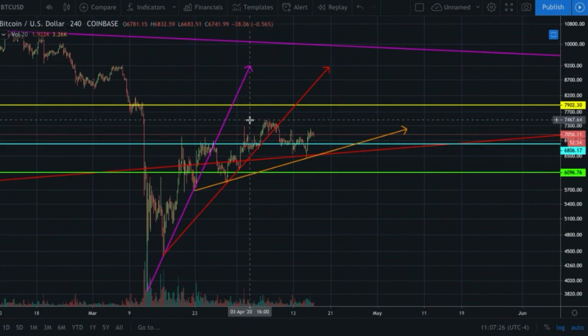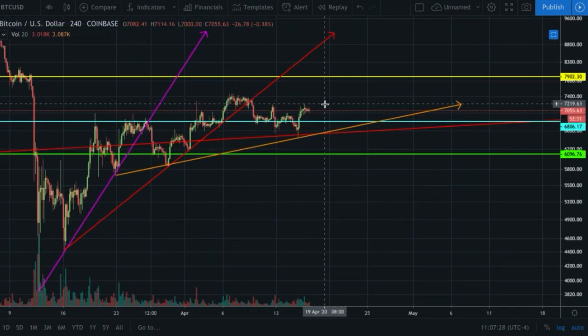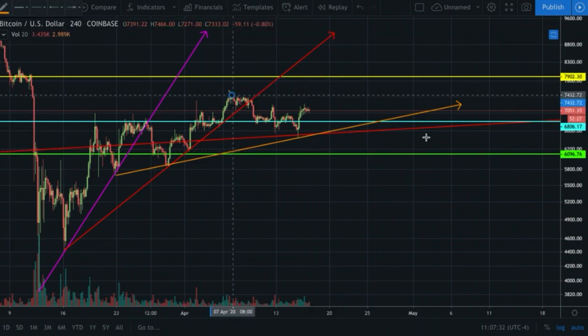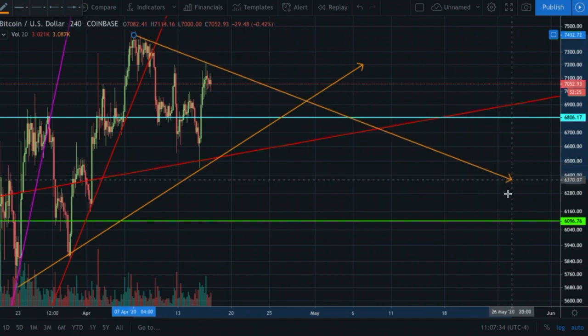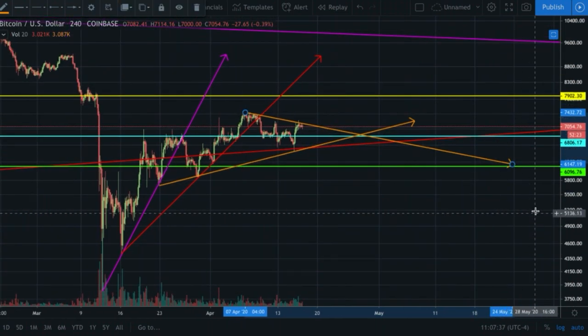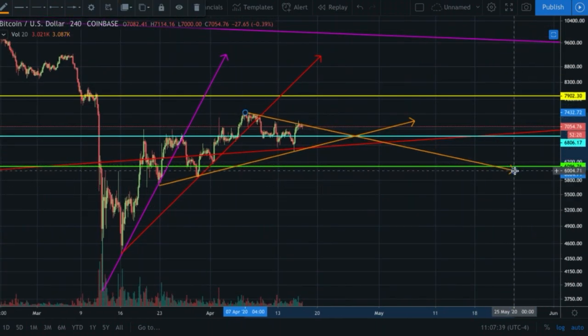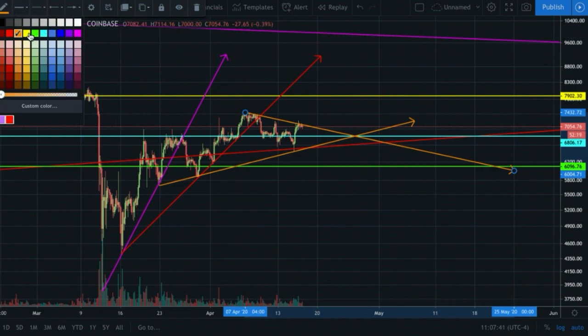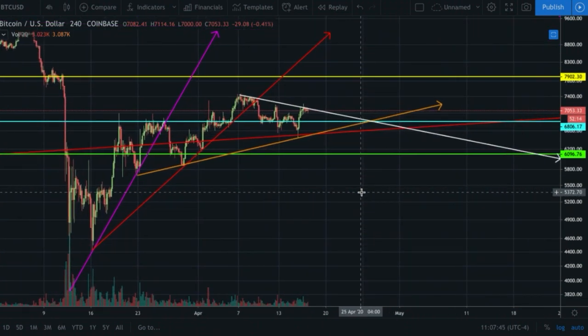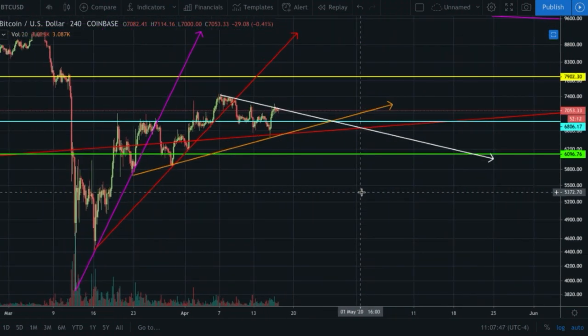Now alternatively, this was our top right here, and if we start coming down here and putting in a swing, then we can start drawing the parabolic descent. Again, we're kind of jumping the gun on this one, but I want to put this out here ahead of time so you can see it happen as it plays out, because a lot of times people think, oh, it's hindsight.